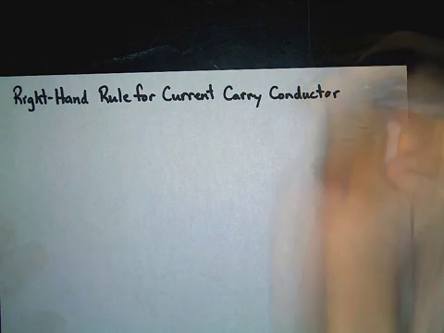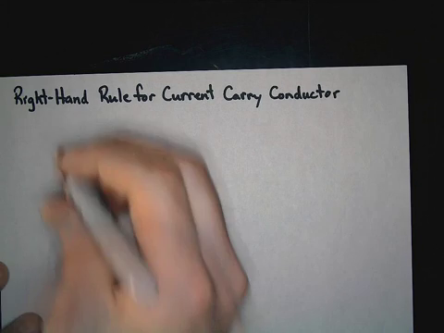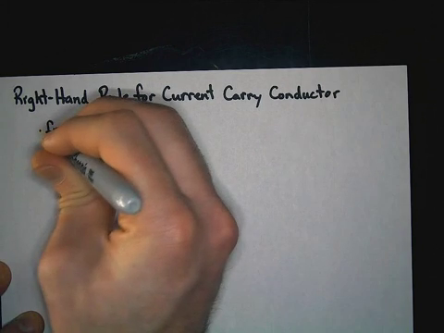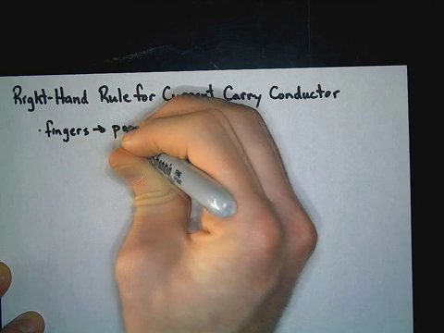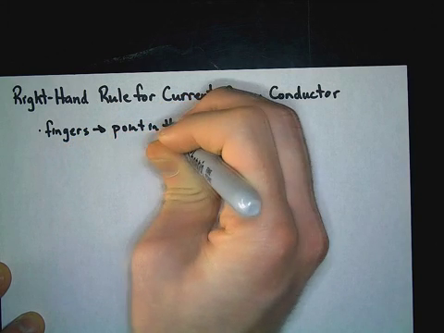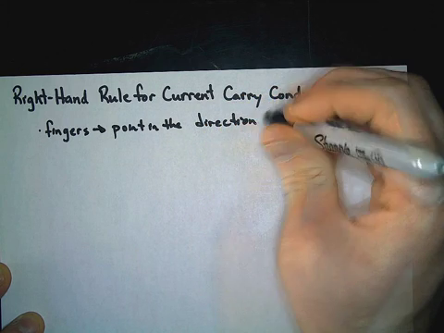The basics that you need to know for the right-hand rule for the current carrying conductor is that your fingers will point in the direction of the magnetic field.